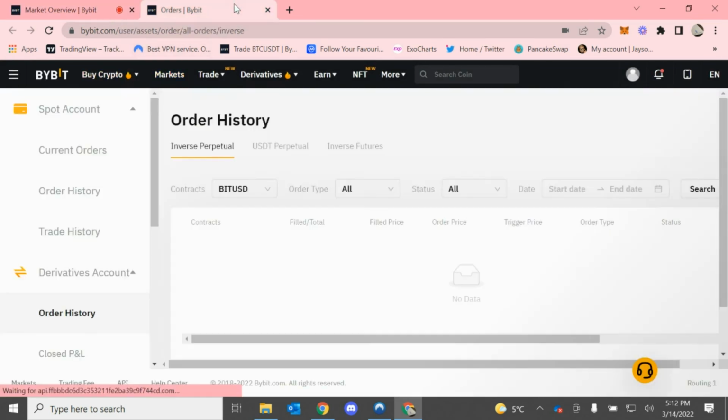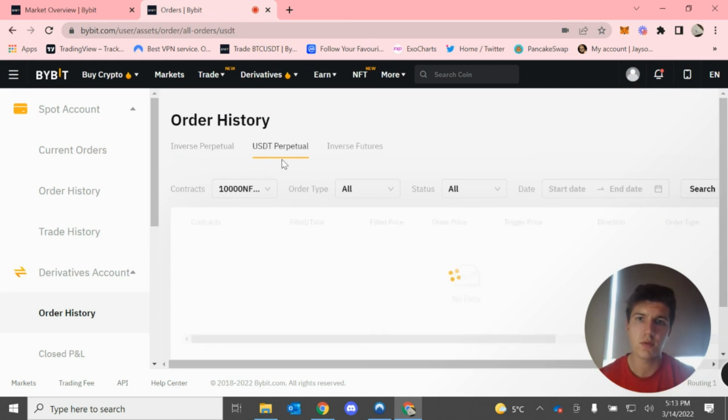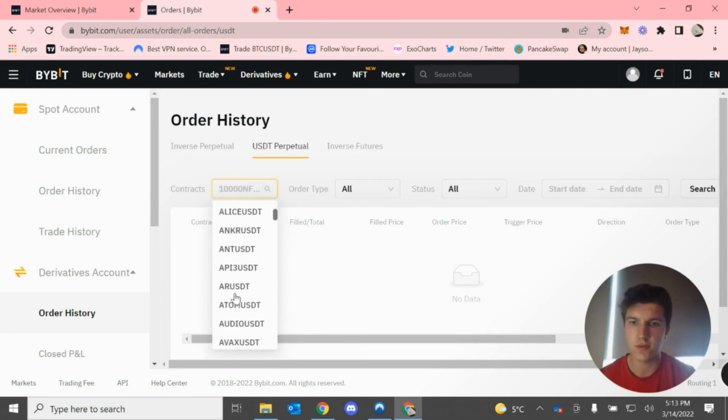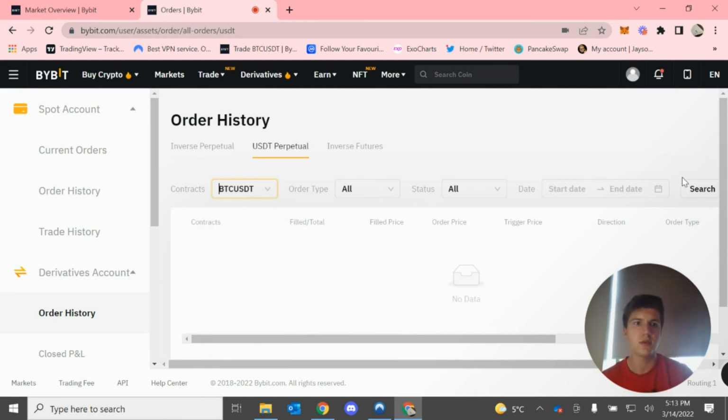In this case, I did the derivatives order, and here you'll have any previous trading asset you did. So let's say we were doing USD perpetual. Here you just go towards what the trading pair was. So in this example, I'm going to go to the BTC USD, hit search. Nothing will come up, but it will show you all the order histories under that pair.